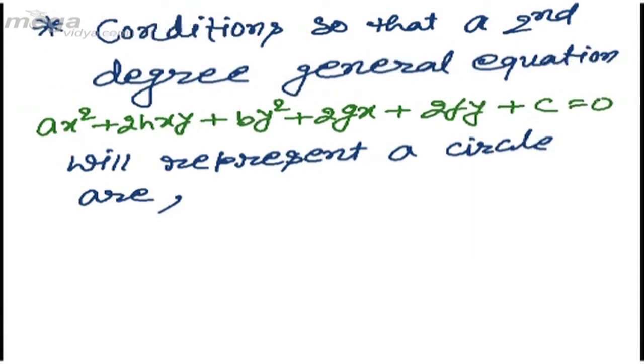But in the general equation, here we have the term xy. So the first condition is h is equal to 0, that is, the coefficient of xy is equal to 0, because there is no term which includes xy.